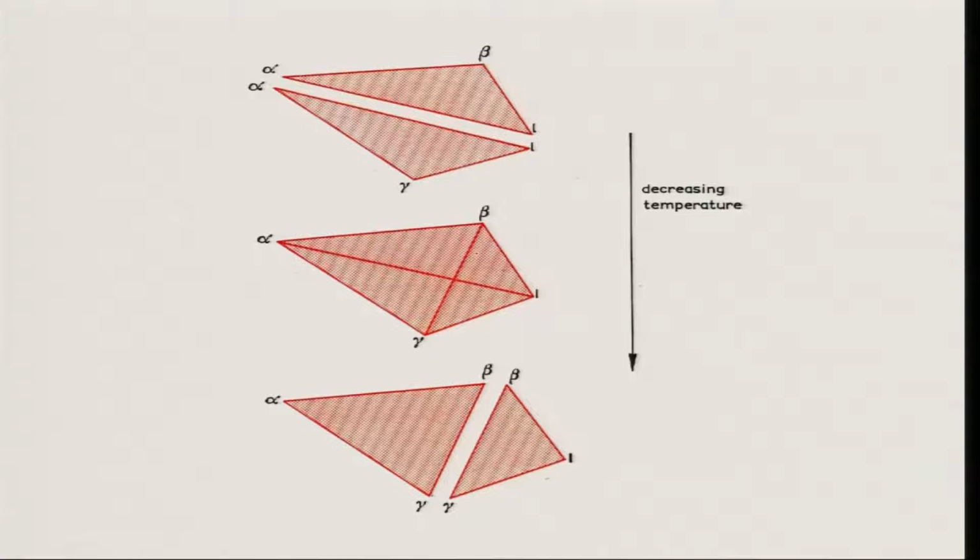There is a 4-phase equilibrium reaction shown at the center: liquid, beta, gamma and alpha, but this is preceded by 2 3-phase equilibria. One is alpha, beta, liquid, and the other one is alpha, liquid, gamma. These 2 3-phase equilibria can either be eutectic or peritectic type, or both of them can be eutectic or both of them can be peritectic.